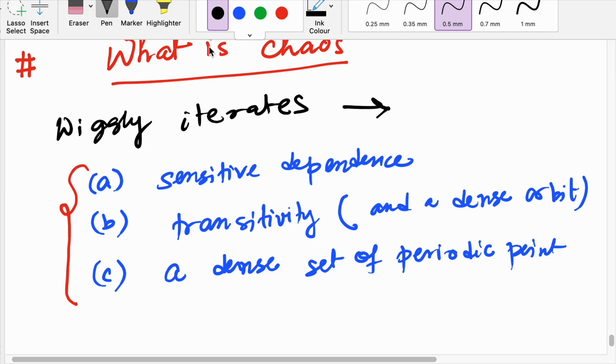First of all, the first two make sense, since sensitive dependence and transitivity mean irregularity, chaotic things. But what about C, a dense set of periodic points? We know that a periodic orbit means quite regular motion. But why is this required, although we are saying that it is a chaotic orbit?